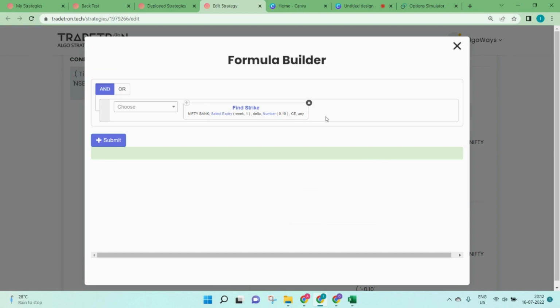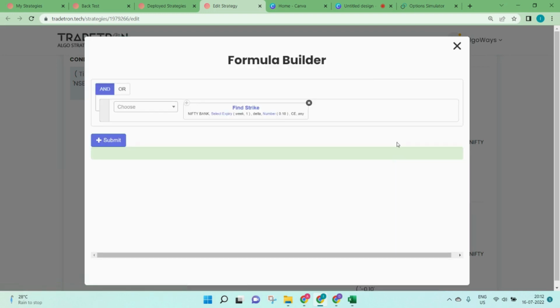In this, instead of buying the hedges for the current week, I have done it for the next week. You can try the current week as well, but the decay in next week's option buying will be less, specifically on Tuesday, Wednesday and Thursday. So I have taken the next week. Week comma 1 means next week, and delta is 0.10.